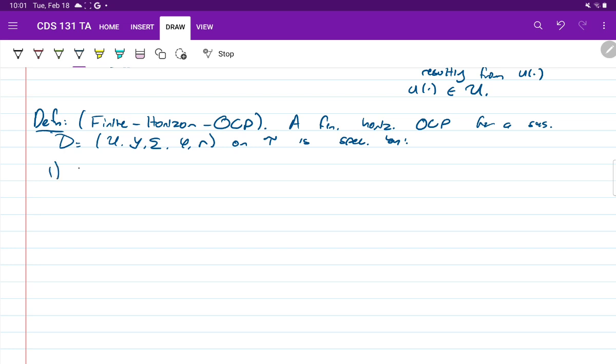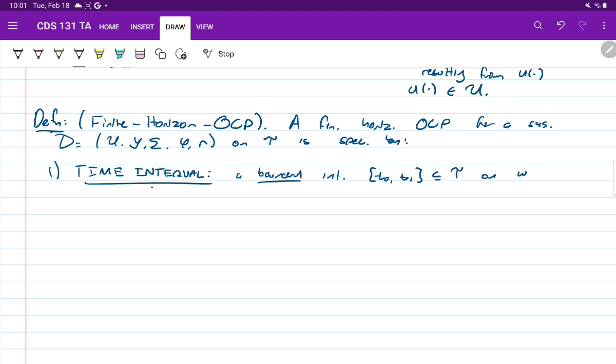So first we have a time interval. Okay, so this is going to be a bounded interval [t0, t1], which is a subset of T, on which the optimal control problem is defined. Okay, so this is our time interval of interest. On [t0, t1], we're figuring out what to best do with our system.